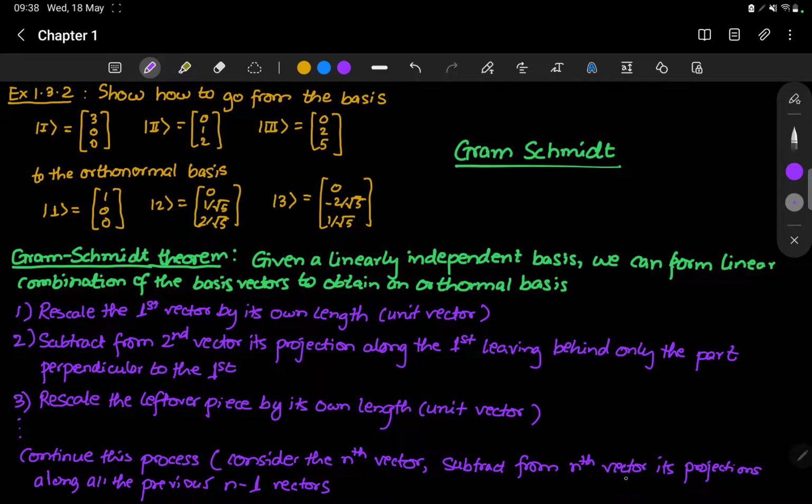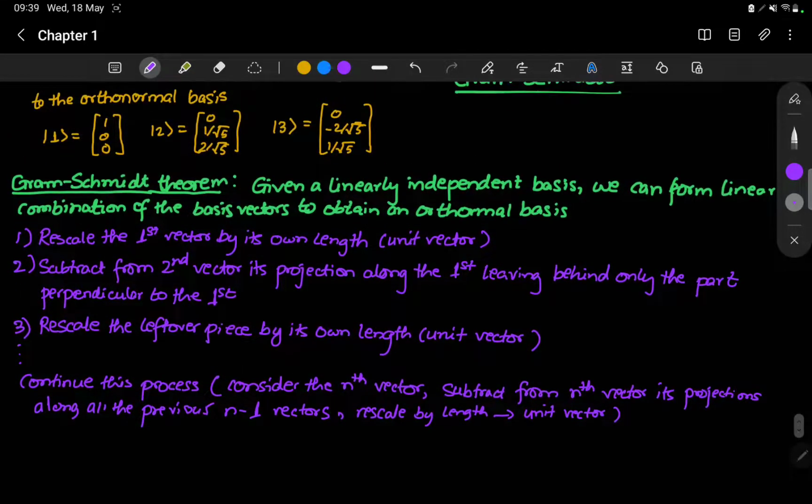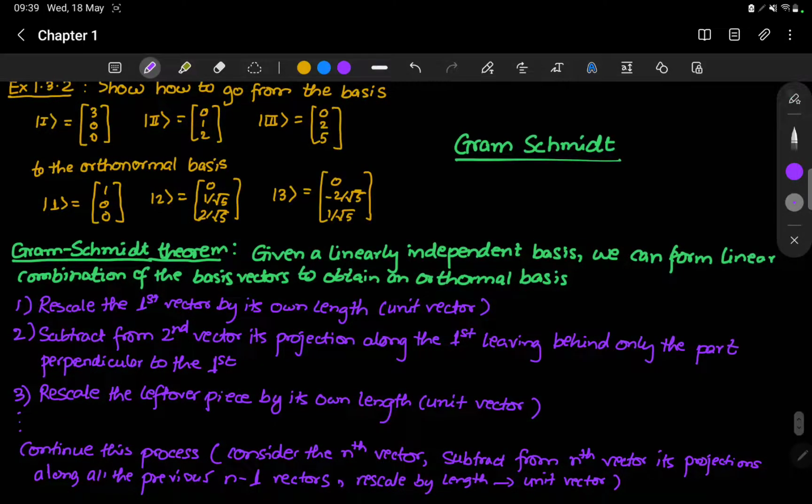So we subtract the projection of the nth vector along all the previous n-1 vectors that we have obtained from this process. These n-1 vectors are these unit vectors that we obtain after rescaling. And then finally, rescale by length to obtain a unit vector. So this is the general process, and now we will apply this process to solve this question.